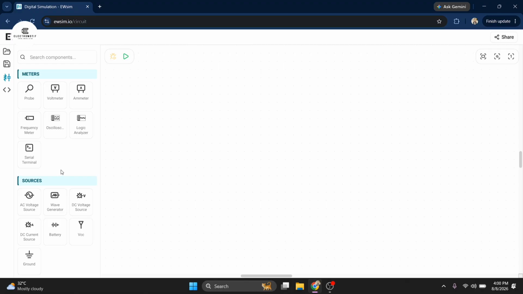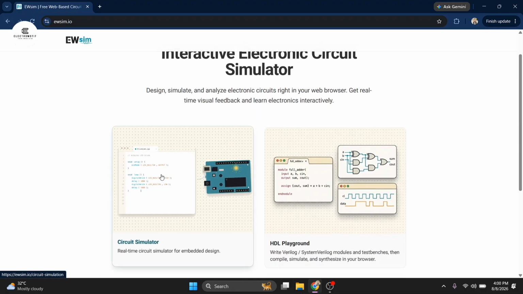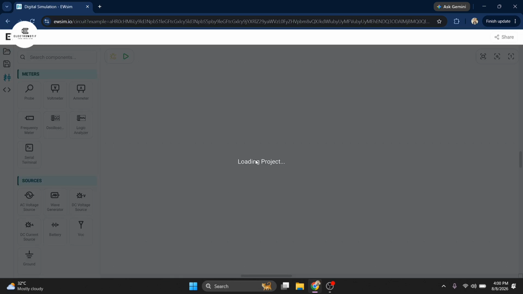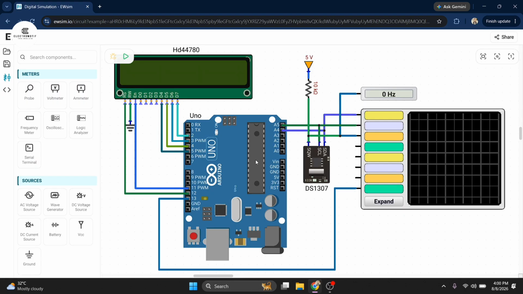The interface is quite simple, so if you have previously used a circuit simulator, you should be able to understand it easily. Now I want to showcase a preloaded example. This example is based on a DS1307 model.